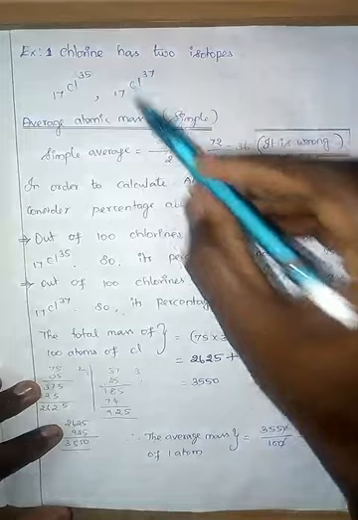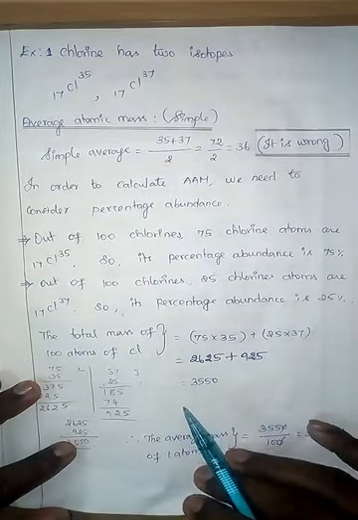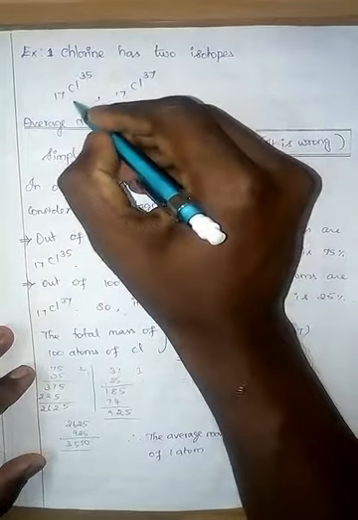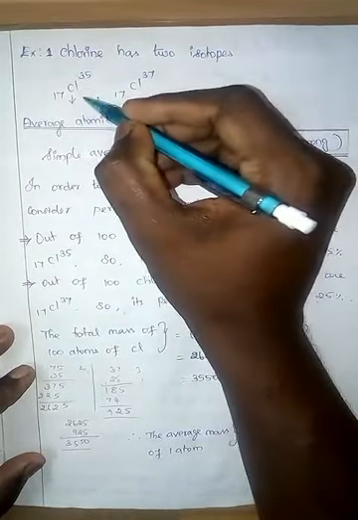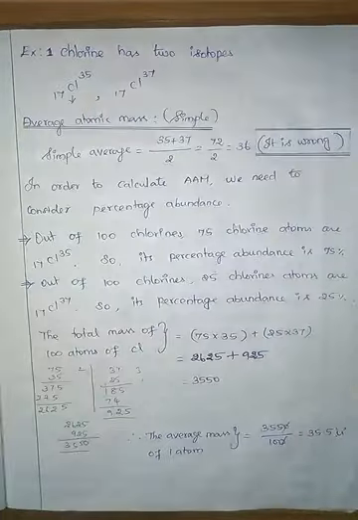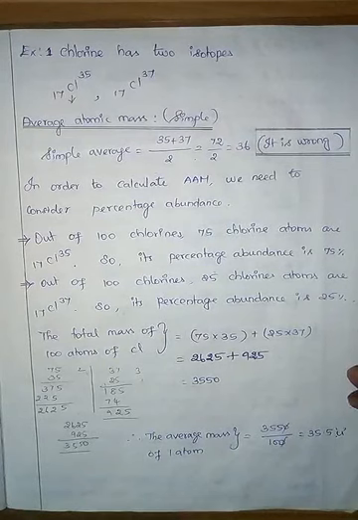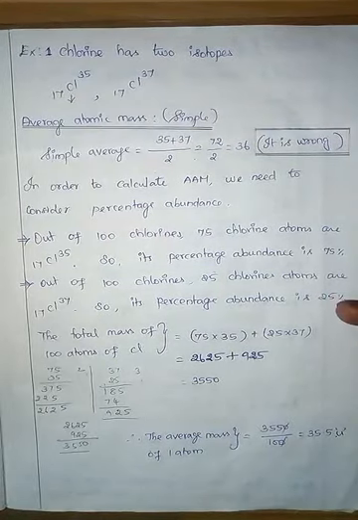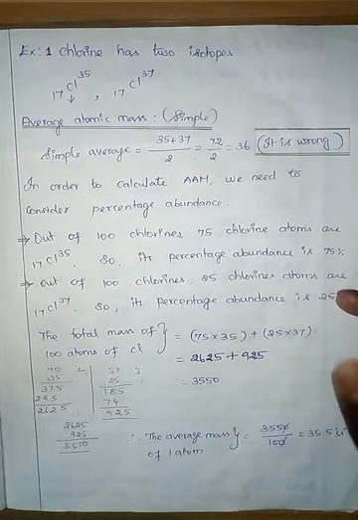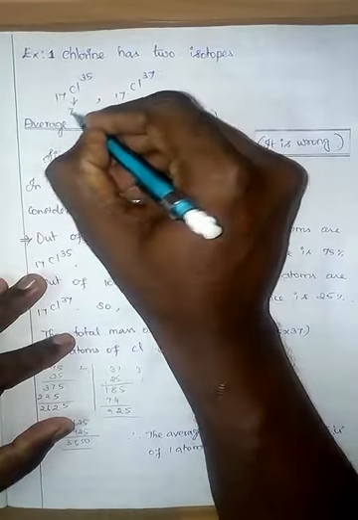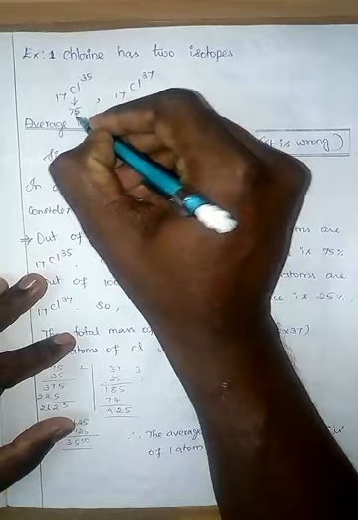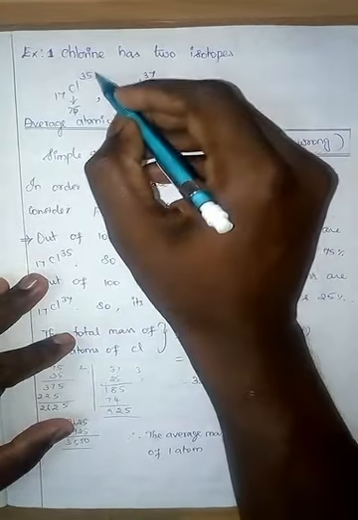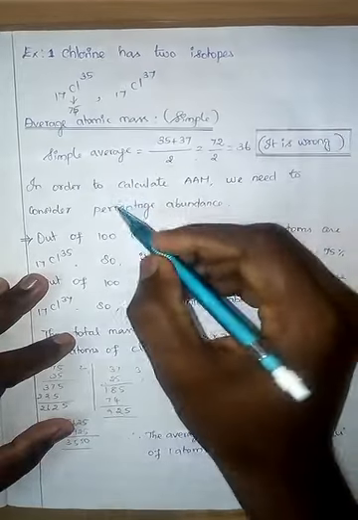So in the earth crust, anywhere you go, if you collect 100 chlorine atoms, 75 out of 100 will have the mass of 35.